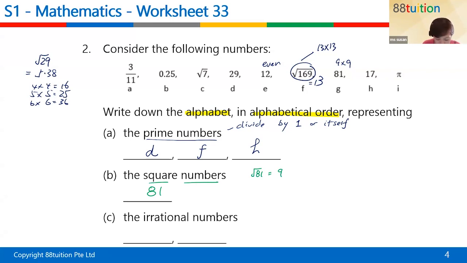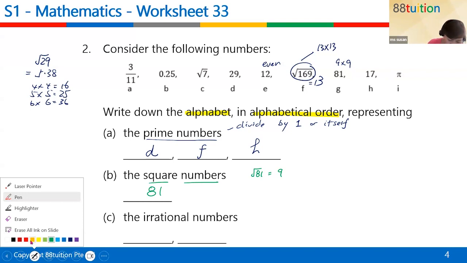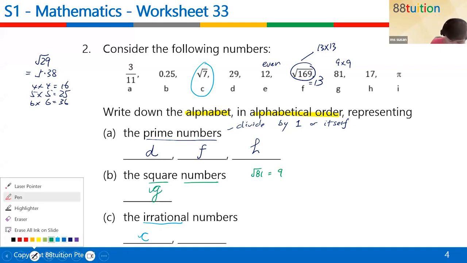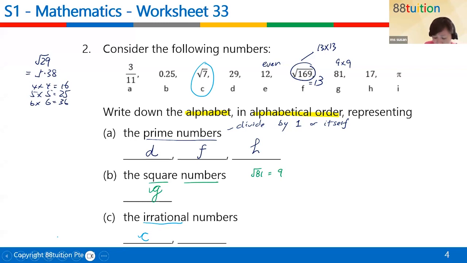Then talking about irrational numbers. Irrational numbers are numbers with a long recurring decimal. So which one is an irrational number? Irrational number is C. Okay, I cannot write numbers, I forgot. Then you never remind me. G, okay? All these you must write in alphabet. So what other irrational numbers are here?